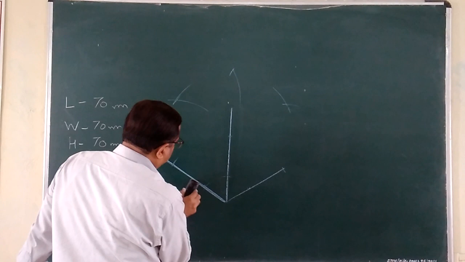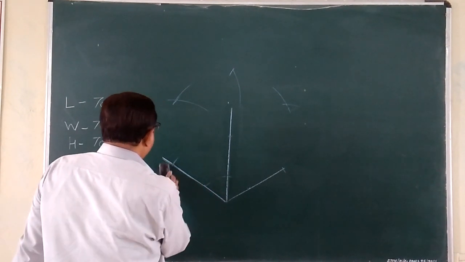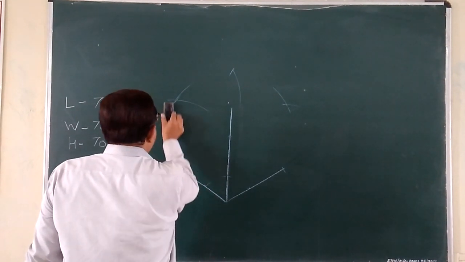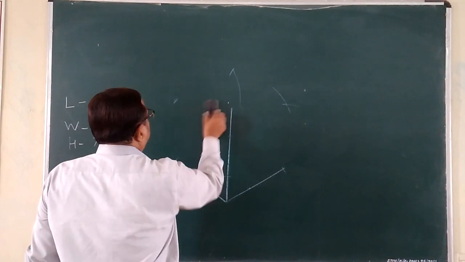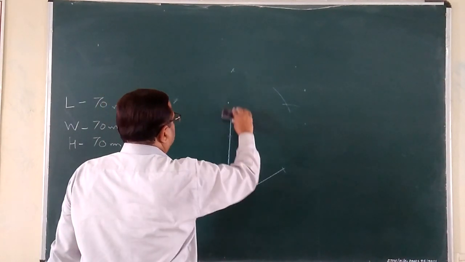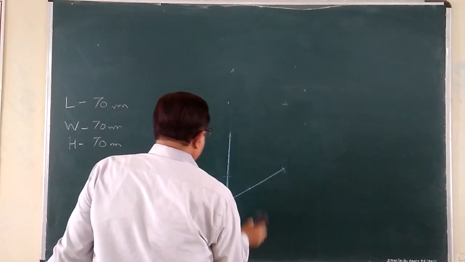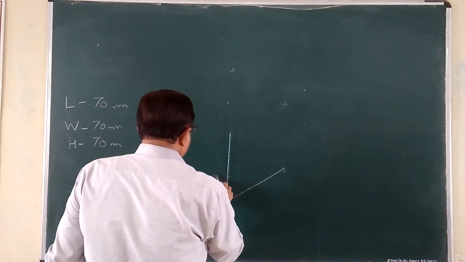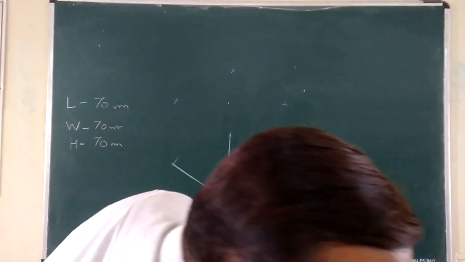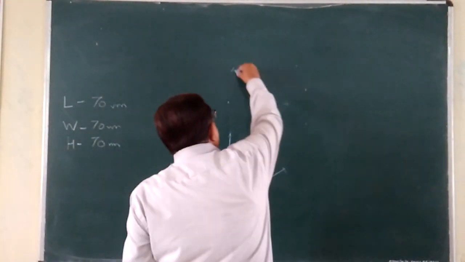Horizontal line is not required after getting the box. Over. Now you just have to connect all the points.